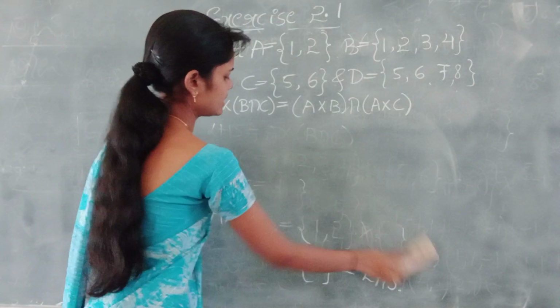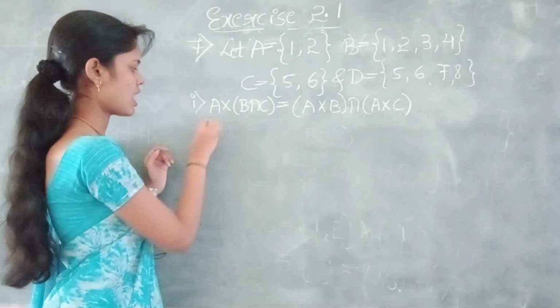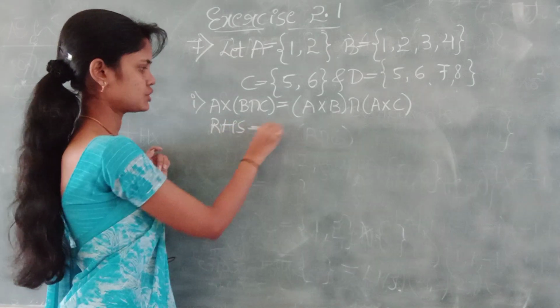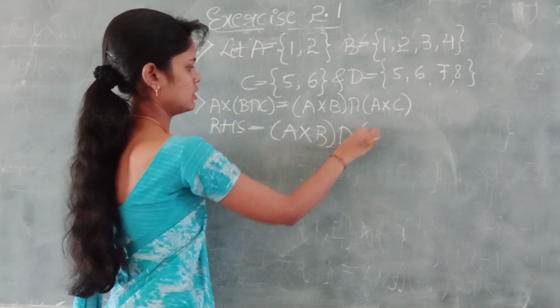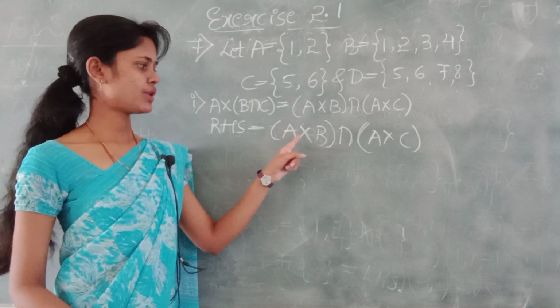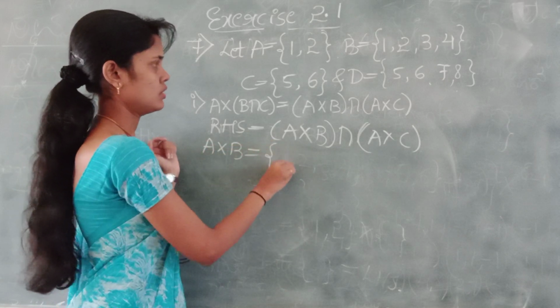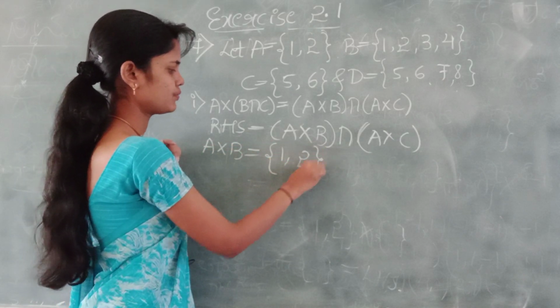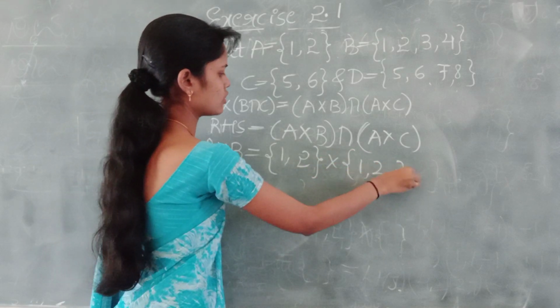Next, the RHS we have to prove. RHS is equal to (A cross B) intersection (A cross C). Let us find A cross B first. It is {1, 2} cross {1, 2, 3, 4}.